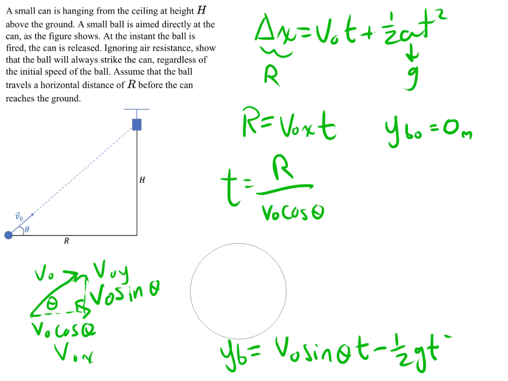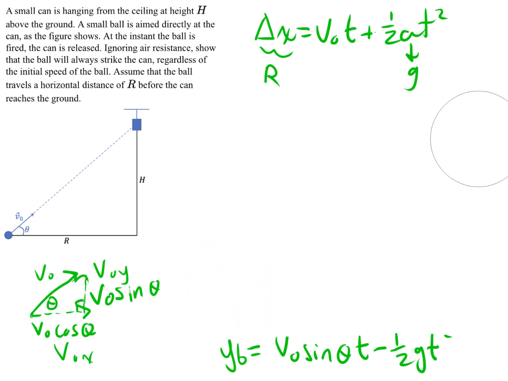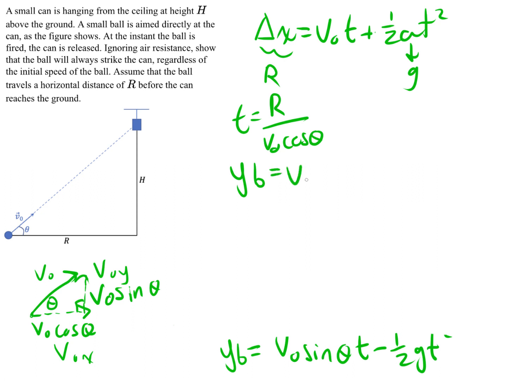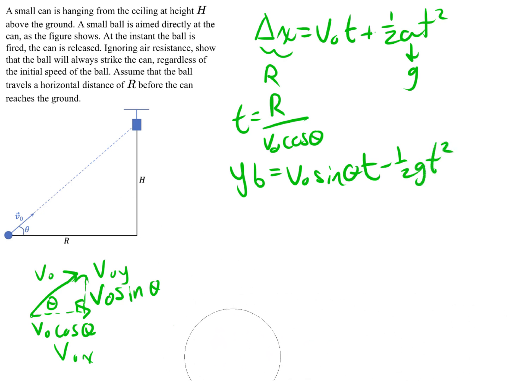Again, we figured out the time is equal to r over the initial velocity times cosine theta, and that the y position of the ball is equal to the initial velocity times sine theta times time minus 1/2 g t squared. And that's everything we have right now.